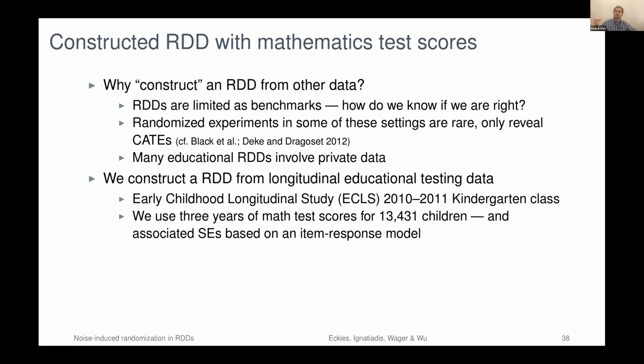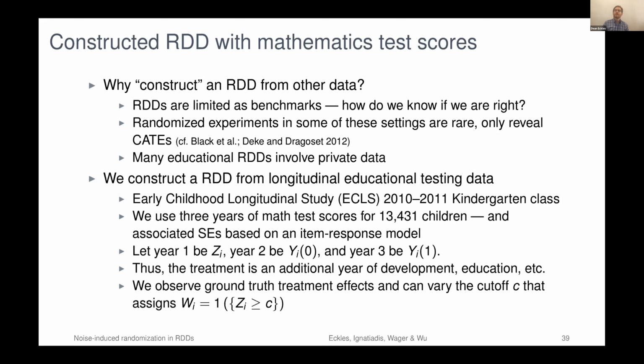We can use those standard errors as our estimates of the measurement error. So we let year 1 be the running variable, year 2 the outcome under control, and year 3 the outcome under treatment. Thus, treatment is an additional year of childhood development and education.